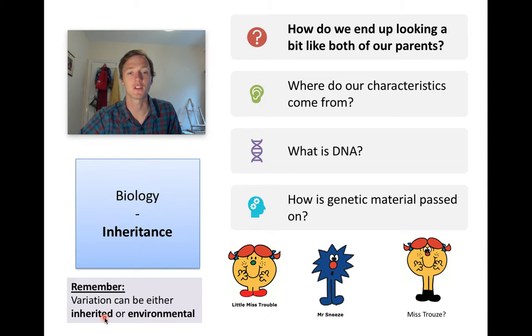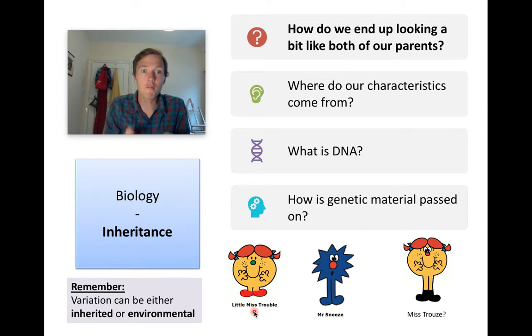Inherited variation, though, is caused by what we inherit from our parents. And that information for how we look similar to our parents is stored as genetic information. And we're going to have a look a little bit at that now.